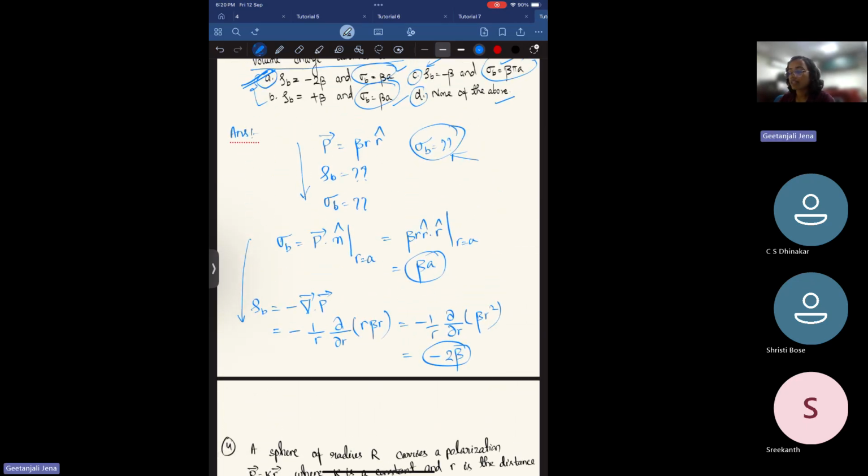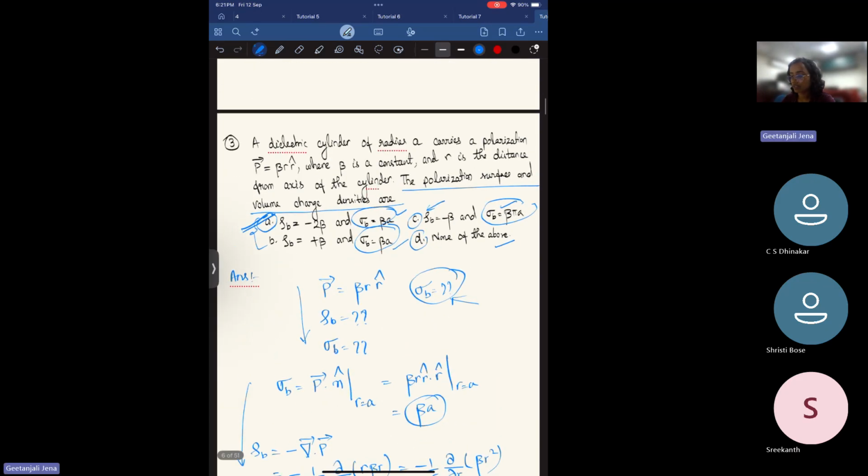Yes, we are considering the curved surface because if you recall, when we were calculating the electric field also, we took the curved surface.